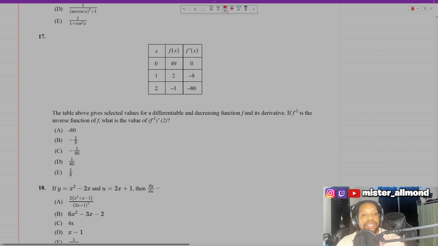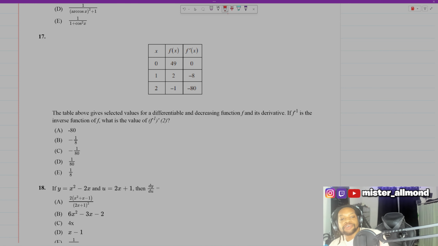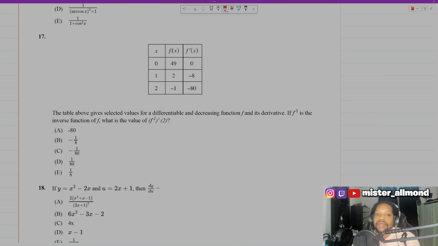Okay, the table above gives values for a differentiable and decreasing function f. If f inverse is the inverse function of f, what is the value of f inverse prime of 2? Okay, because I'm so used to f and g being inverses of each other, I'm going to write this.